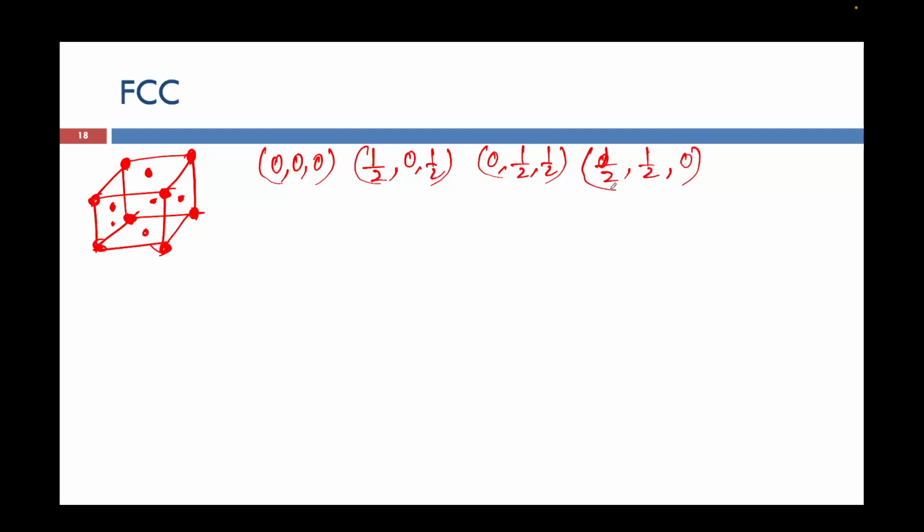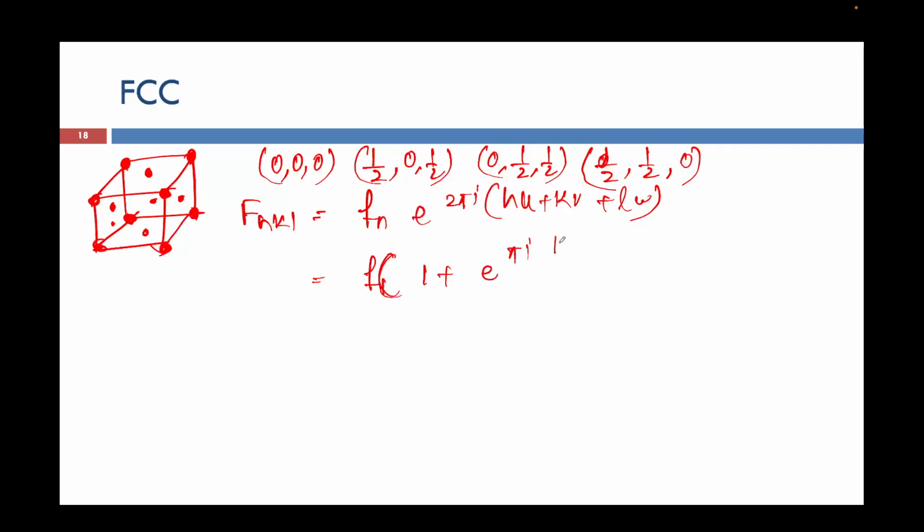So when you put all these things into, let's say, f n e to the power 2 pi i (hu plus kv plus lw), you will be getting an expression like f times (1 plus e to the power pi i (h plus k) plus e to the power pi i (k plus l) plus e to the power pi i (h plus l)).